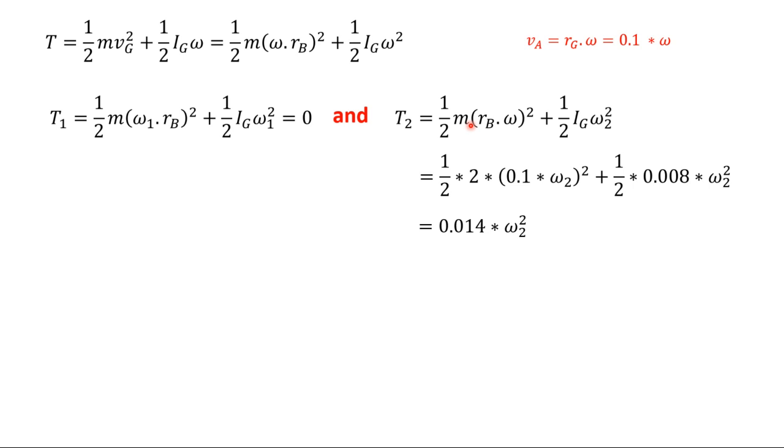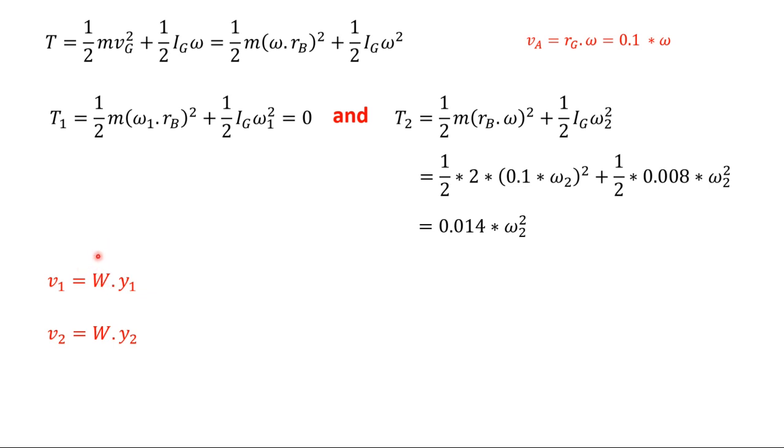Now I found T1 and T2, and I need to find V1 and V2. We said that the work is done mainly due to the weight and the height. So V1 is equal to the weight multiplied by Y1, and we said that Y1 is equal to 1.4 minus 1.4 cosine of 30.